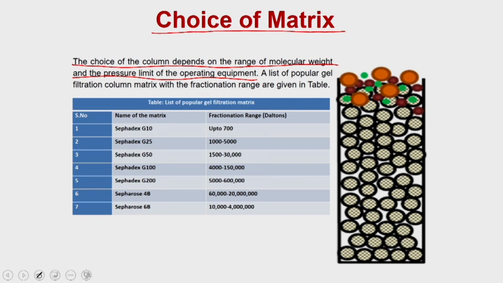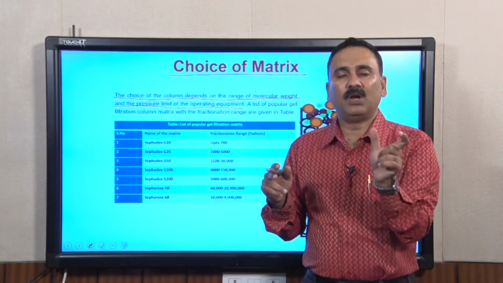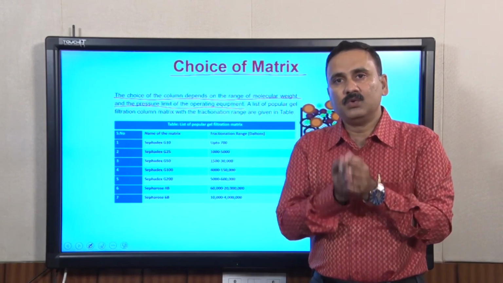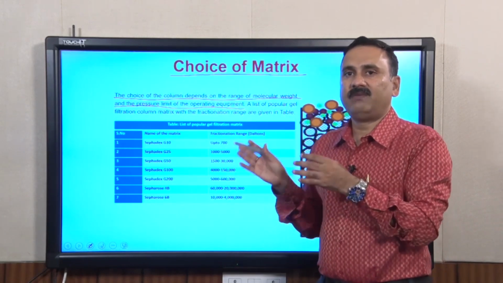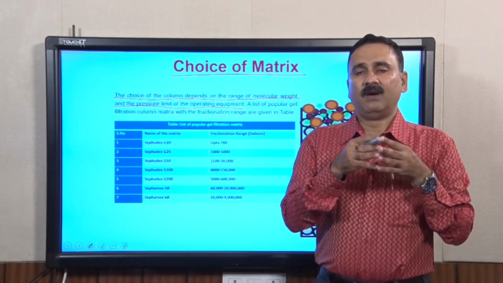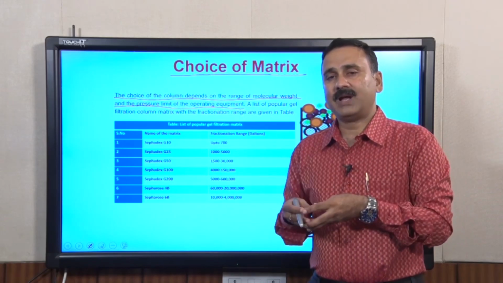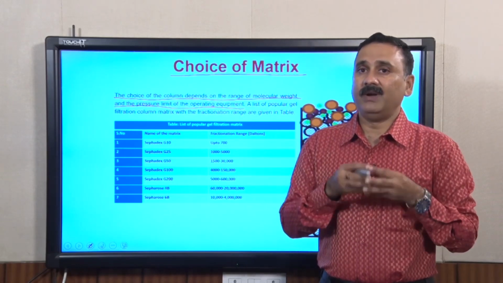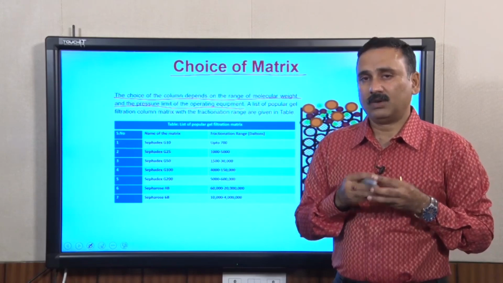Similarly, you should always know what molecular weight your target molecule is. So, you can choose the gel filtration chromatography matrix based on the pressure limit you are going to use, as well as the molecular weight range you are going to resolve.